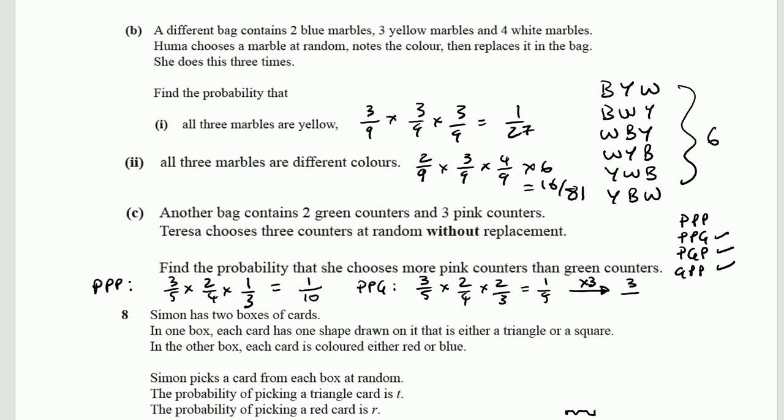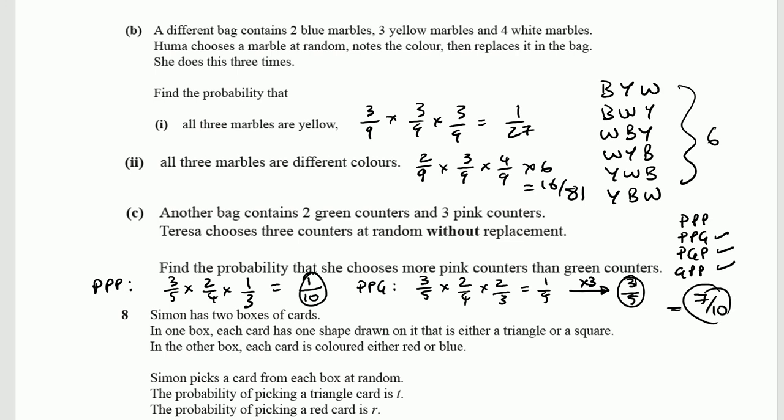So 3/5 altogether. So she has more pinks than greens if this happens or this happens. So I have to add these together. And altogether then, 3/5 is the same thing as 6/10, so that's going to be 7/10 altogether.